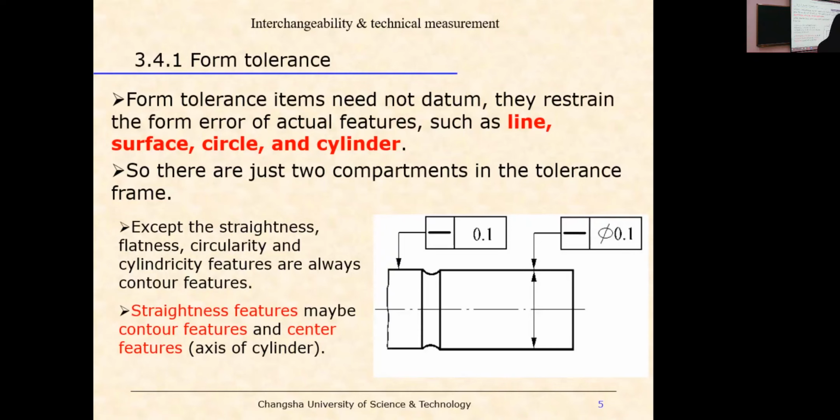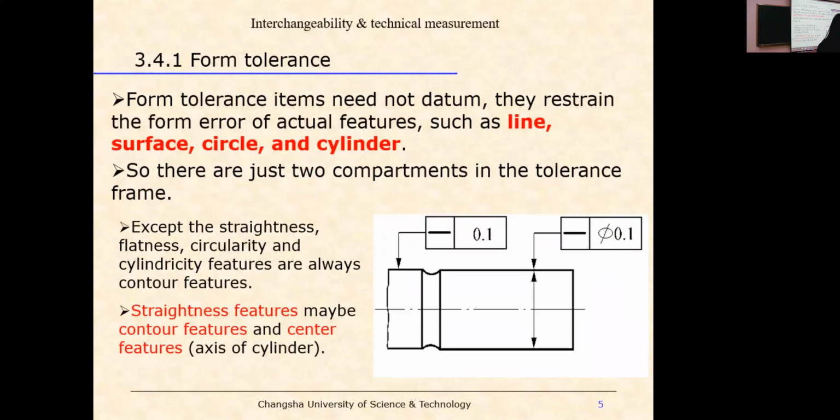So for the axis tolerance, we use a cylinder to constrain the axis. So we need to add a phi. You understand? Understand, right? But this one, no phi, because this is the surface.